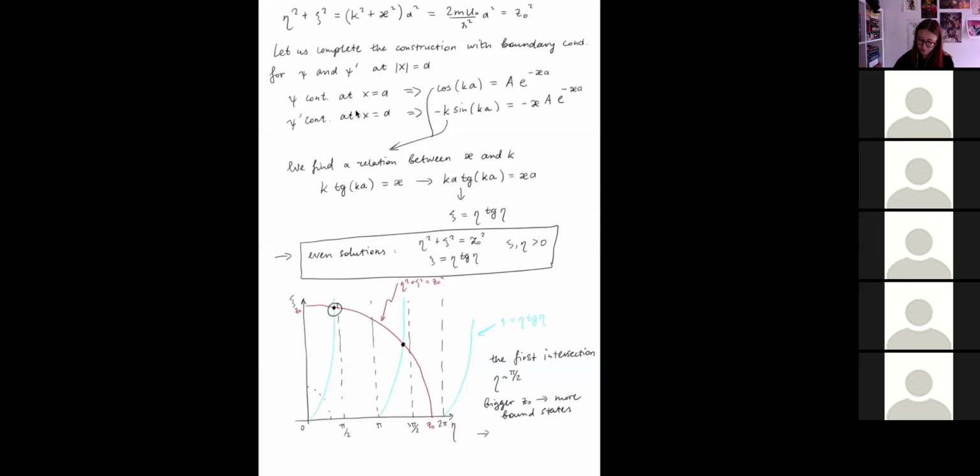But one thing to note is that no matter how small the potential is, we will always have the first bound state, because the circle will always intersect the first branch of the tan function.